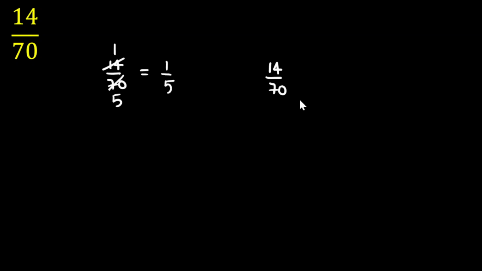We have a smaller common factor 2. 2 sevens are 14, 2 into 35 is 70. Now 7 and 35 have a common factor 7. 7 ones and 7 fives. So again we got the same answer, 1 by 5. So 1 by 5 is in the standard form because 1 and 5 are co-primes and 5 is positive.